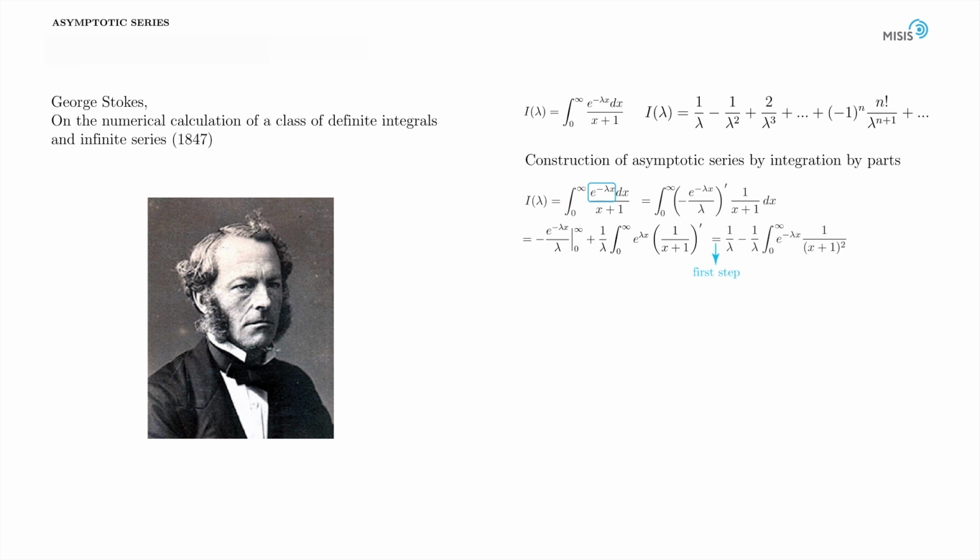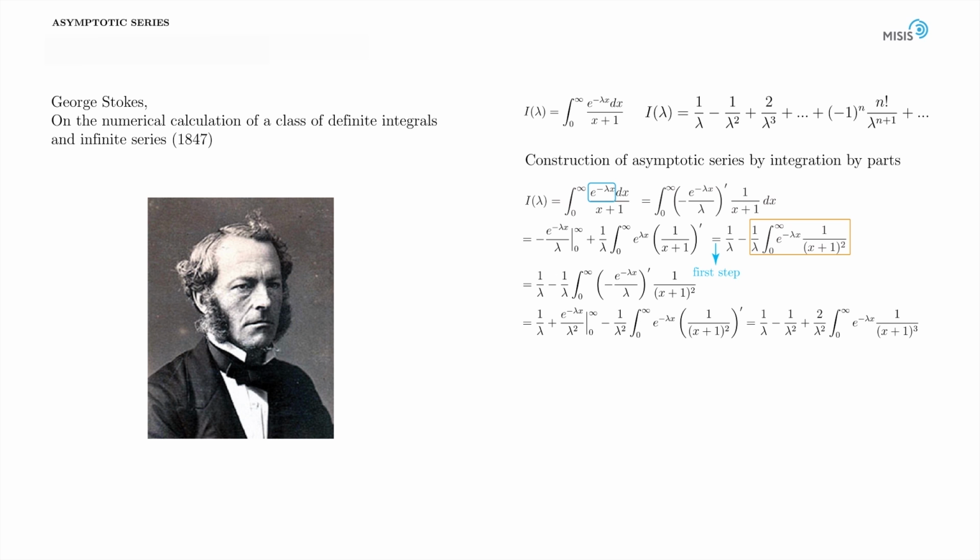And this completes our first step. Let's repeat the same procedure again with the remaining integral. Again, we turn exponential into derivative and integrate by parts once more. Calculating the second term and performing differentiation under the sign of the integral, we arrive at the final expression. And this is our second step.